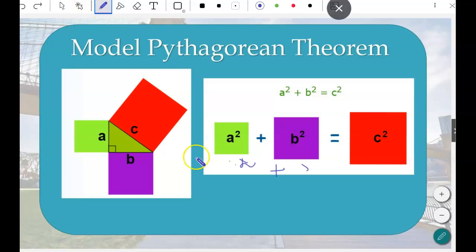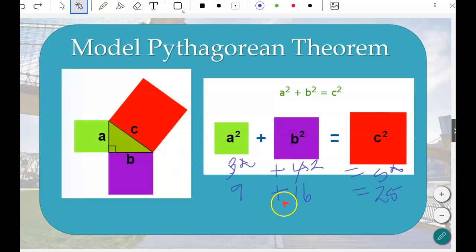So this is the 3. 3 squared plus 4 squared would equal 5 squared. So that's 9 plus the 16 will equal 25.